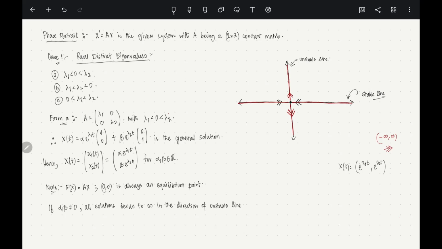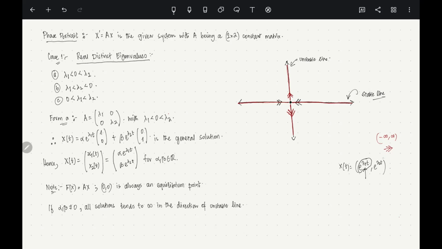Is it okay? Right, now you see x of t equals e power lambda 1 t and e power lambda 2 t. Lambda 1 is negative, lambda 2 is positive, right? Now we want to see how this trajectory looks. Now as t tends to infinity, you do realize, when you start at very close to minus infinity, since this particular lambda 1 is negative, at minus infinity this particular coordinate blows up, right?